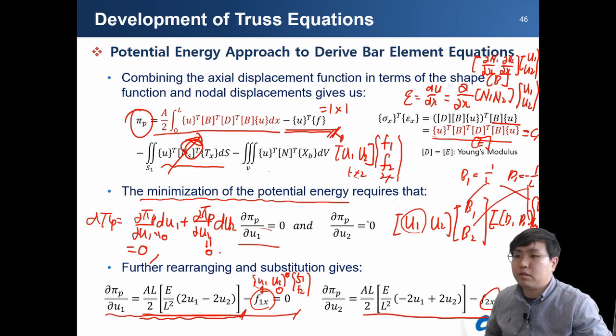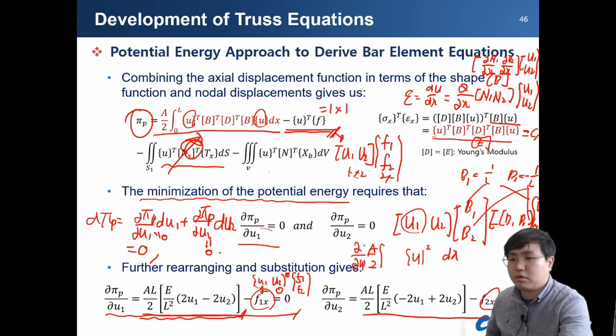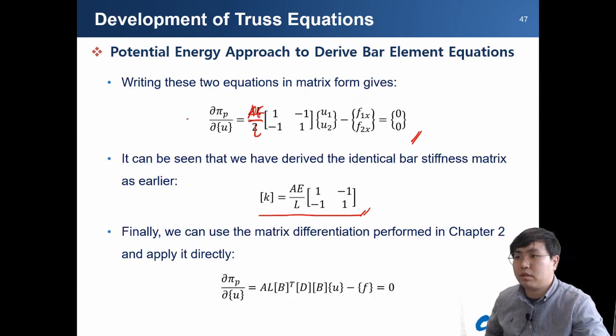However, similarly, there is another way. This is a u, this is a u. Actually, this part is some value. We can say that this is a square value of the u2x. If you want to derive this equation, we don't have enough space, so this pi can be expressed as u square.